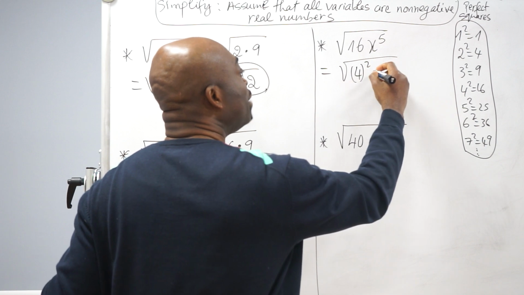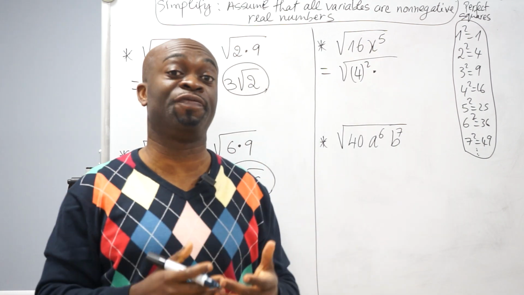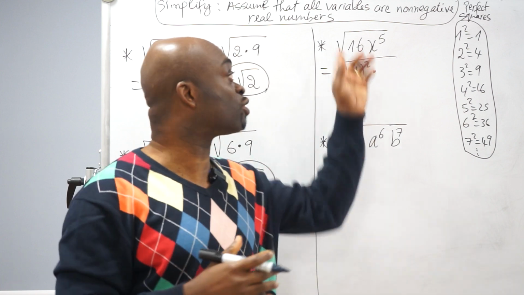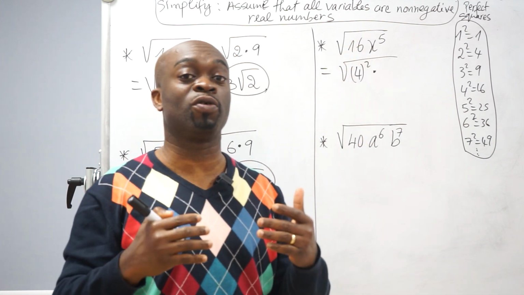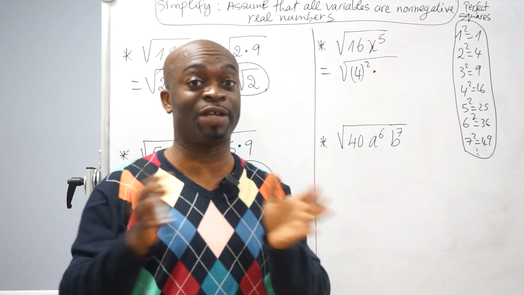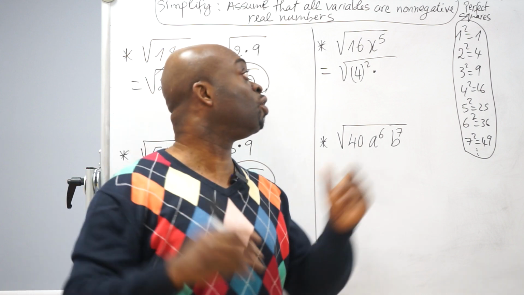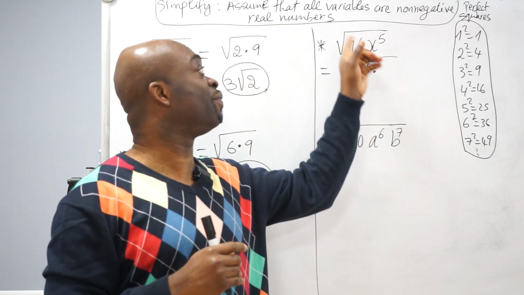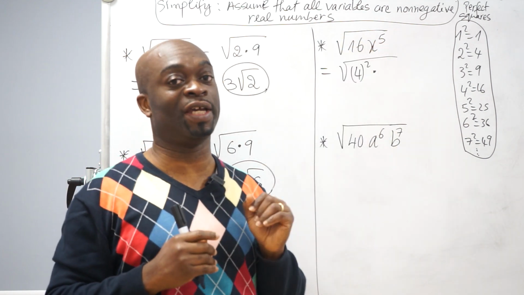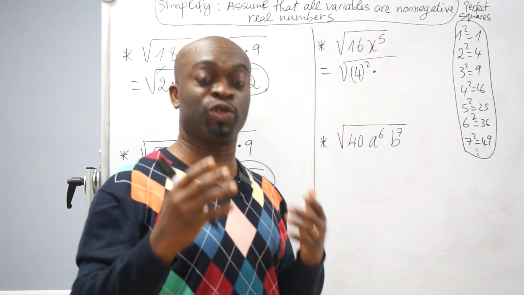Okay? Times, now how can we break down x to the 5th also? Because x to the 5th is a variable, we also need to take the square root of that. So how can we break it down? To break down the variables, it's all about breaking down into 2 numbers that you can multiply, but one of them has to have an even power so that it can be divided by 2, which is the index here. So how can we break down 5 into 2 numbers?